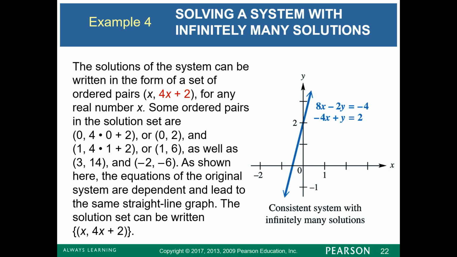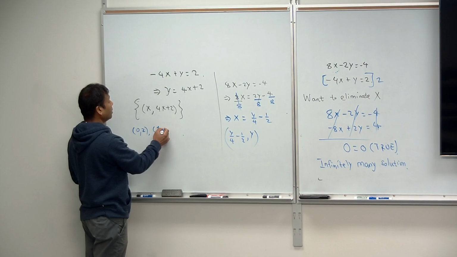Yes? So any point satisfies this equation. If you plug in x equal to 0 here, what will be the solution? One solution will be 0 comma, 4 times 0 is 0, plus 2, so 0 comma 2. If you plug in x equal to 1, 4 times 1 is 4, plus 2 is 6, so 1 comma 6.